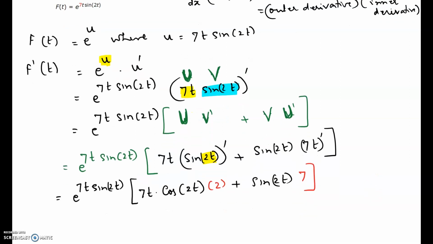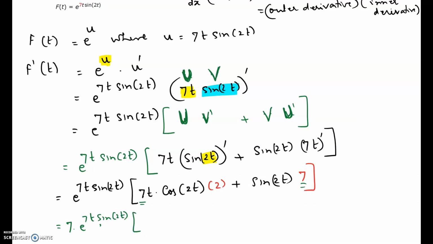Now in these two terms, it looks like we can take the 7 as a common factor. So it is 7 e to the 7t sine of 2t in the exponent.